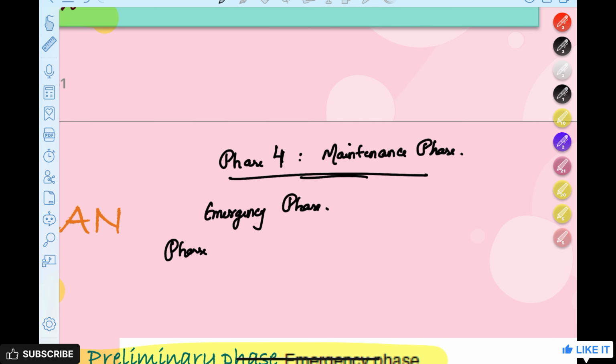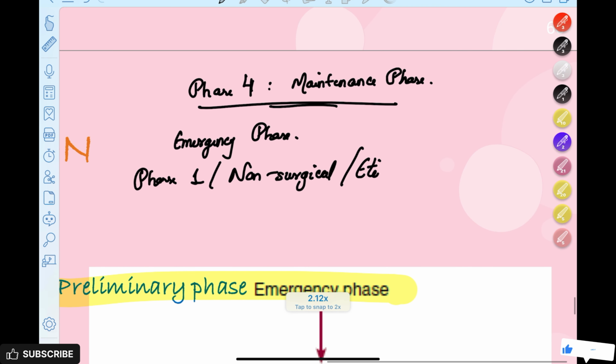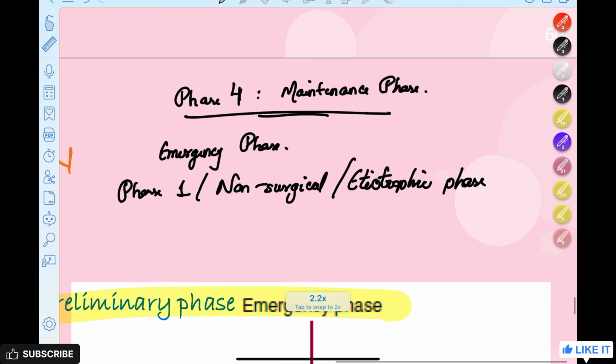Next we have phase 1, also known as the non-surgical or etiotrophic phase. Emergency phase is also known as preliminary phase.